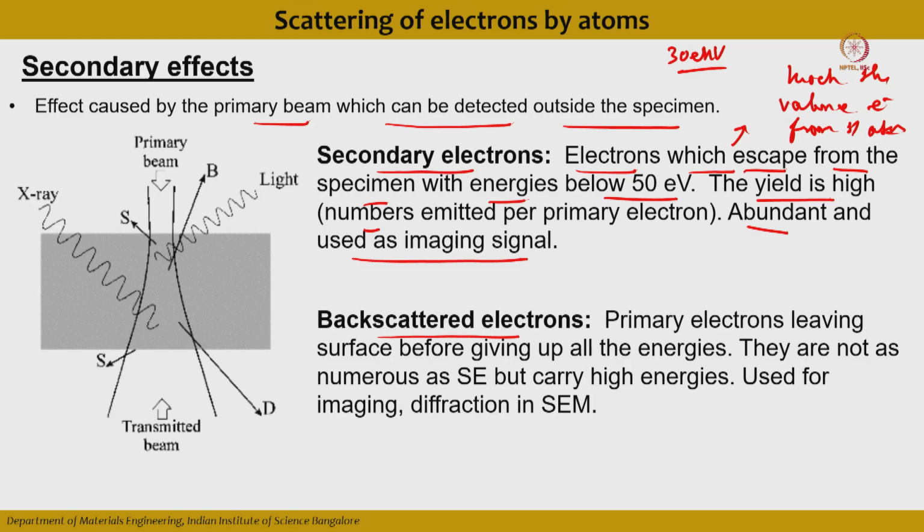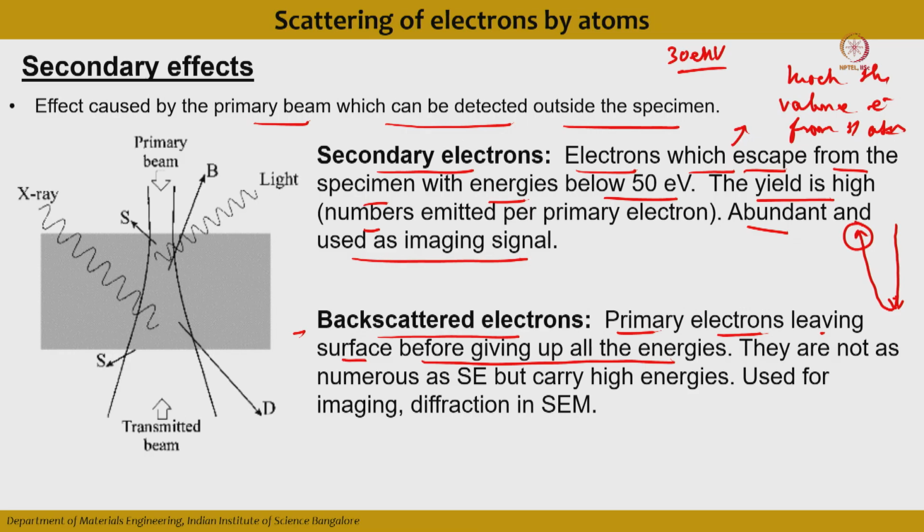Then there is another type of interaction, which is backscattered electrons. What are backscattered electrons? These are primary electrons leaving the surface before giving up all their energy. The primary electron goes into the sample, and before losing all its energy it gets backscattered from the sample, and these backscattered primary electrons are detected.